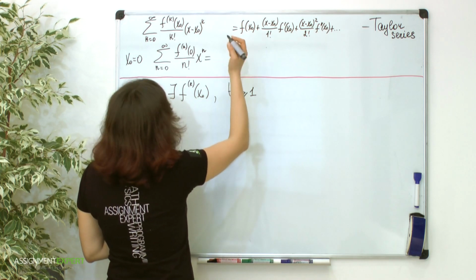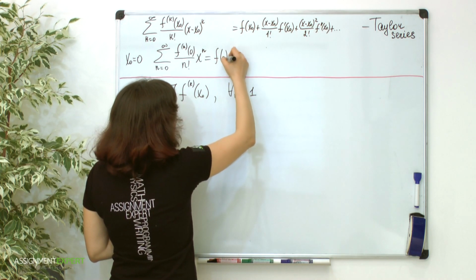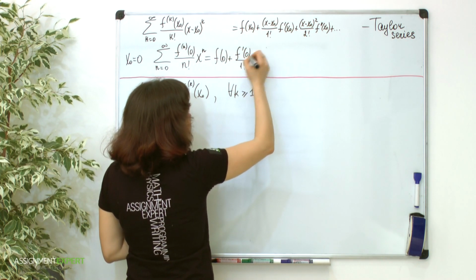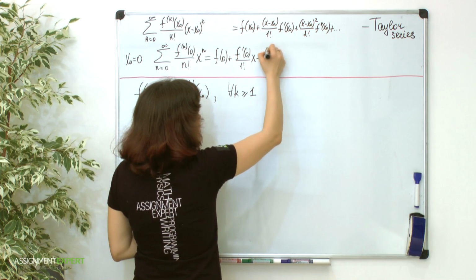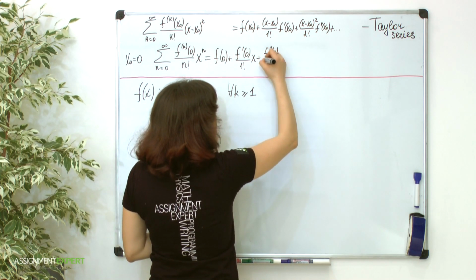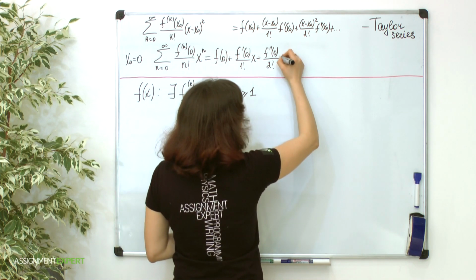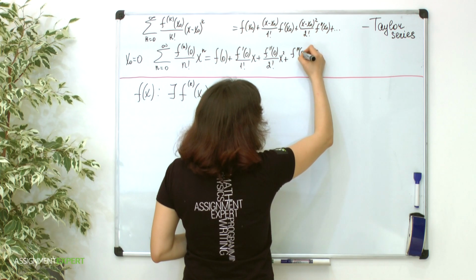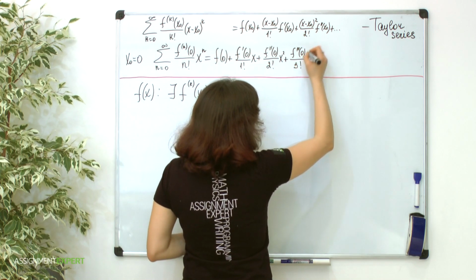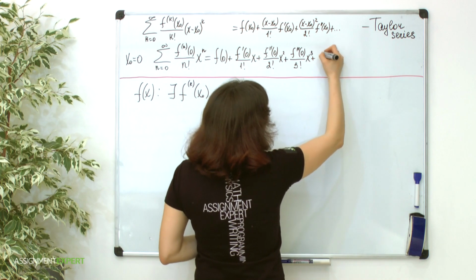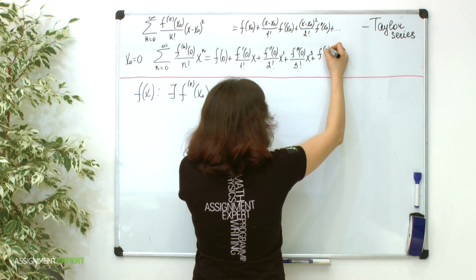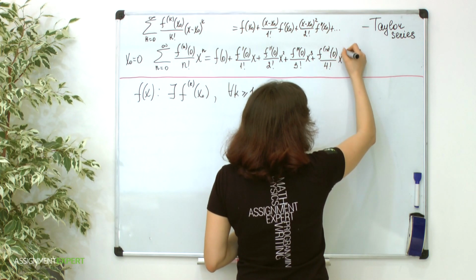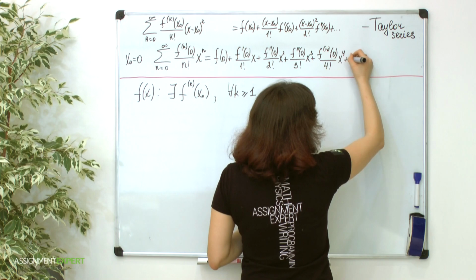And this is equal to f of 0 plus f prime of 0 over 1 factorial times x plus f double prime of 0 over 2 factorial times x squared plus the third derivative of f of 0 over 3 factorial times x cubed plus the fourth derivative of f of 0 over 4 factorial times x raised to the fourth power plus and so on.